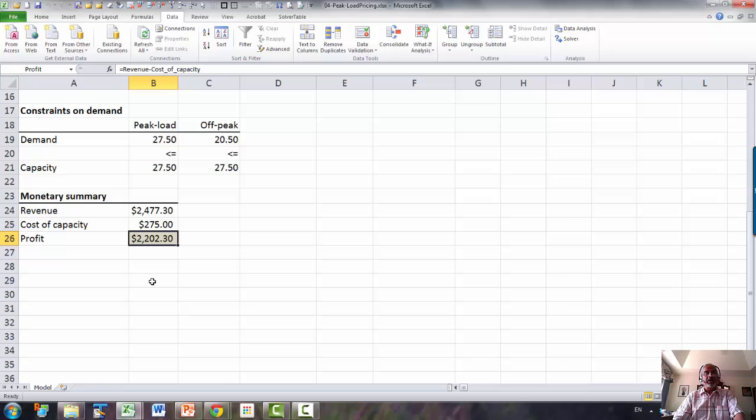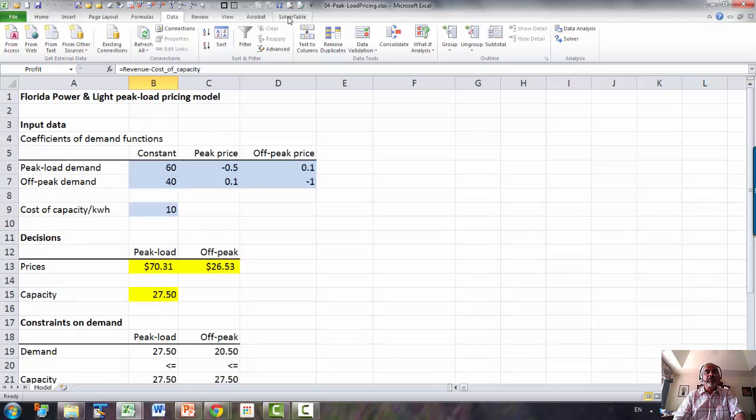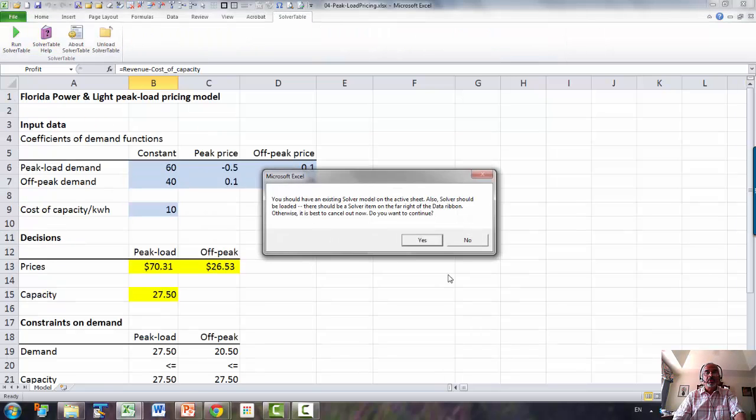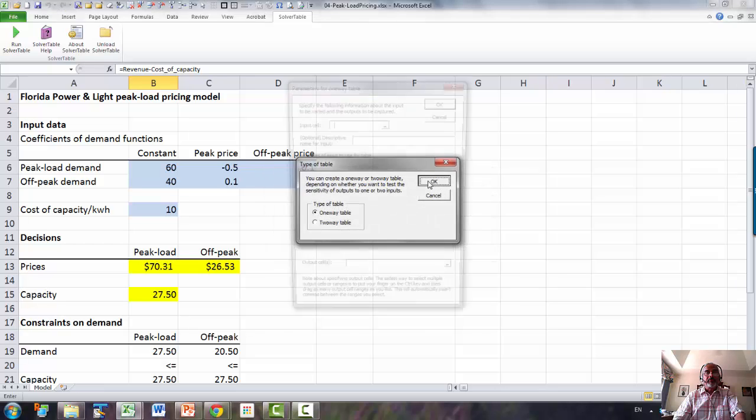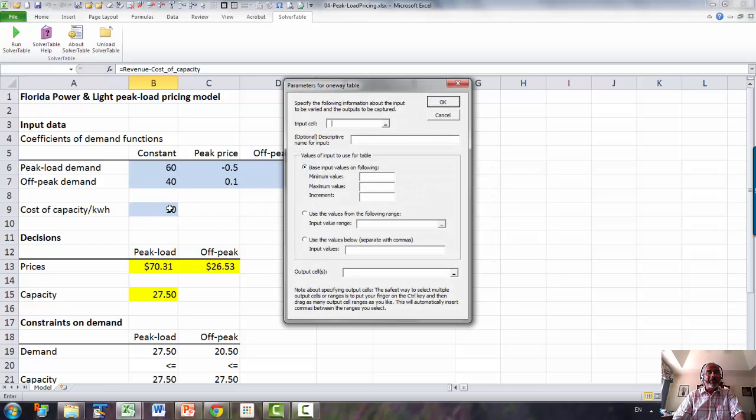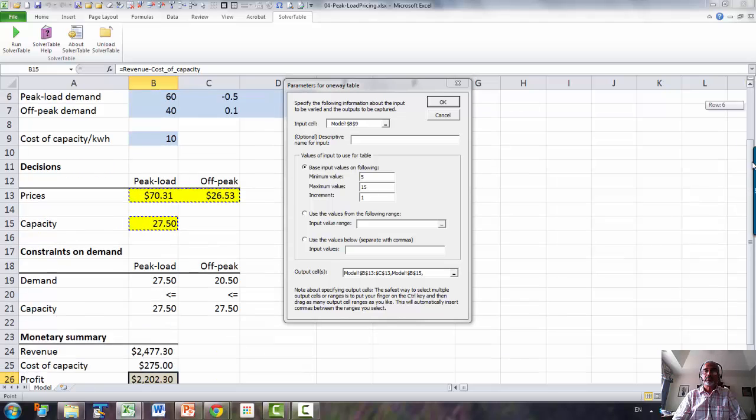Okay, now we'll run a solver table for cost of capacity. Go from 5 to 15 in increments of 1. And then we'll see what the prices will be, comma, let's control click the capacity that we will build, comma, control click the profit.